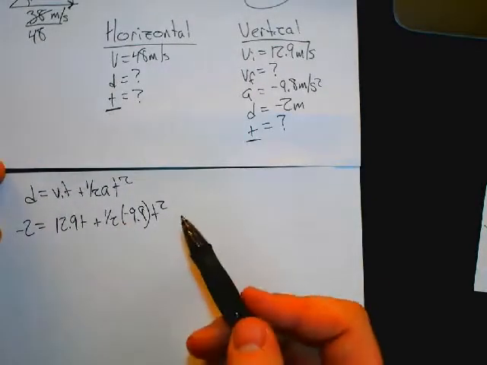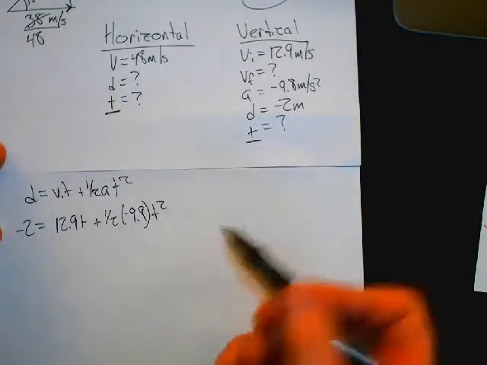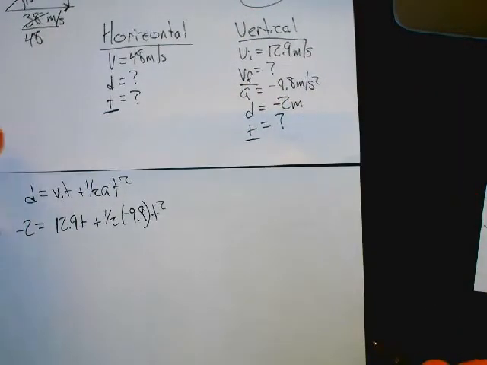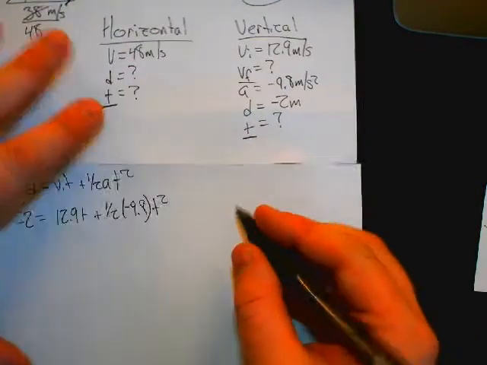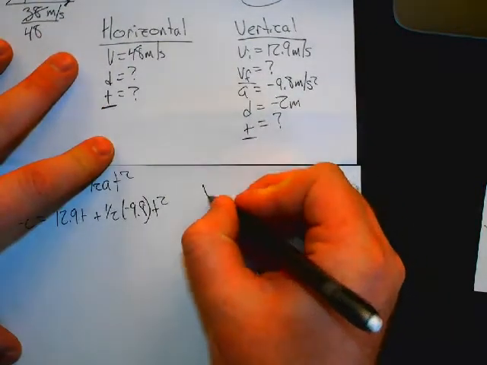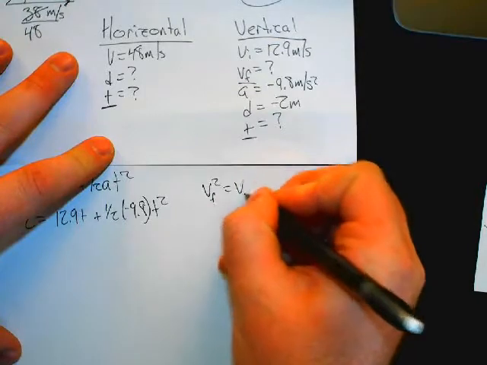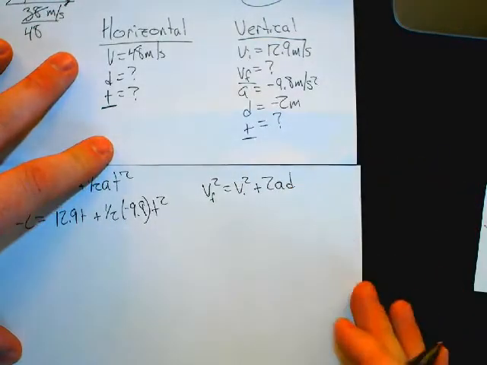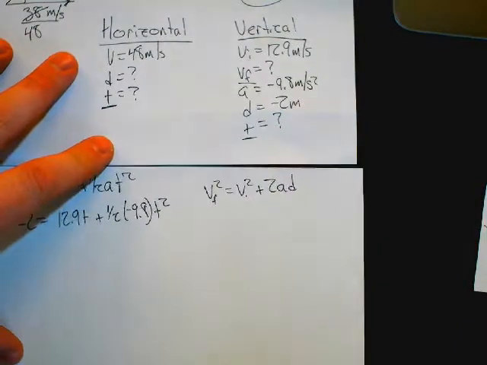The other way to solve this, and the way that I'm going to do it, is I'm going to find VF first and then go through and find time. Is that how you did it? Yeah. Excellent. All right, so I'm going to say VF squared equals VI squared plus 2AD. I'm doing it this way mostly because I hate using the quadratic equation.